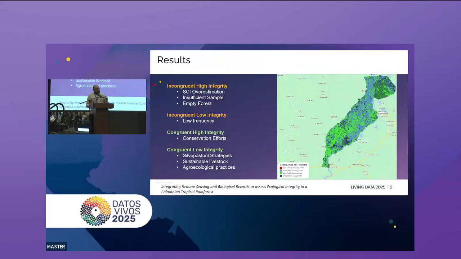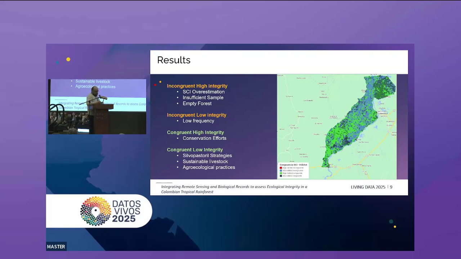So the incongruent scenarios raise the most interesting questions. For example, incongruent high integrity could be an SCI overestimation that could be refined with more data. It could also be a sample of insufficient data.